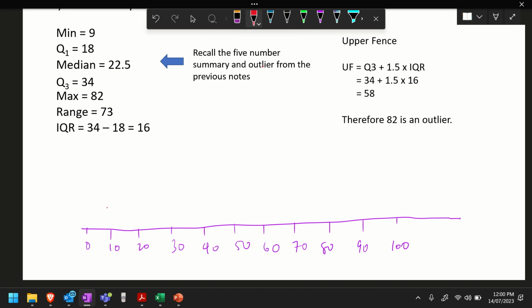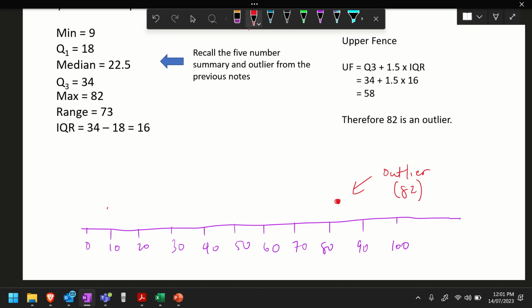I'll put that about there somewhere. And my maximum is 82. Because it's an outlier, I like to make it really obvious by making it bigger than everything else. That's an outlier, and I'll make a note that it's an outlier.